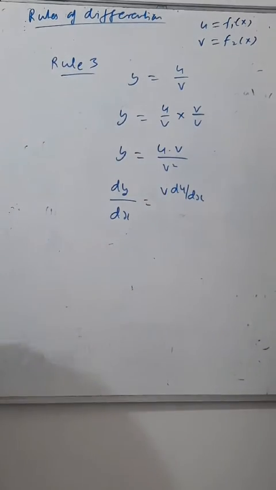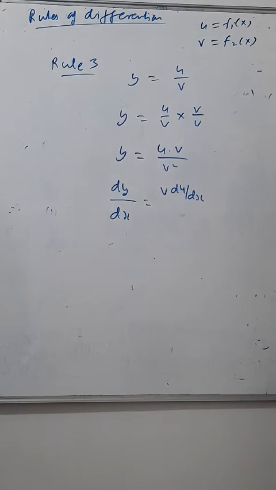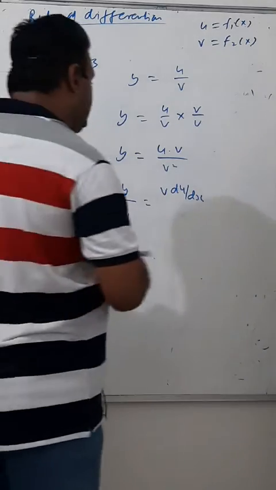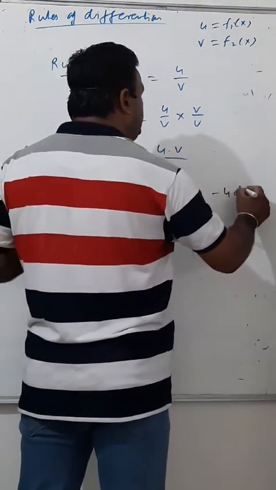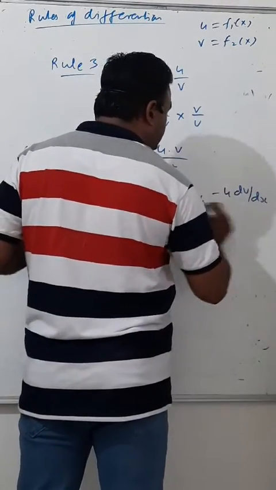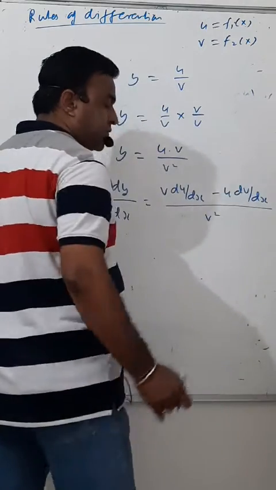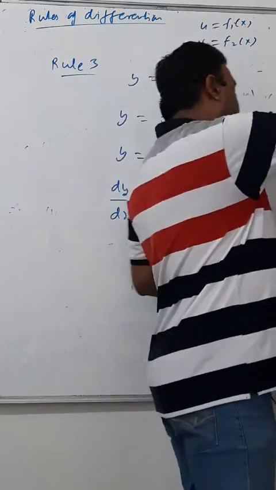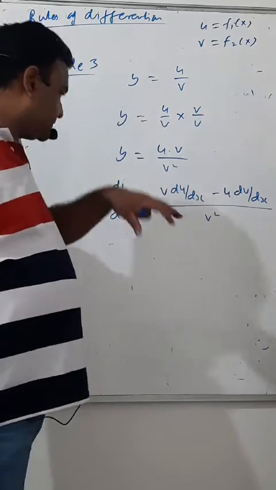First, look carefully. Here I am differentiating u first, sorry, keeping v as constant, minus u dv by dx, upon v square.